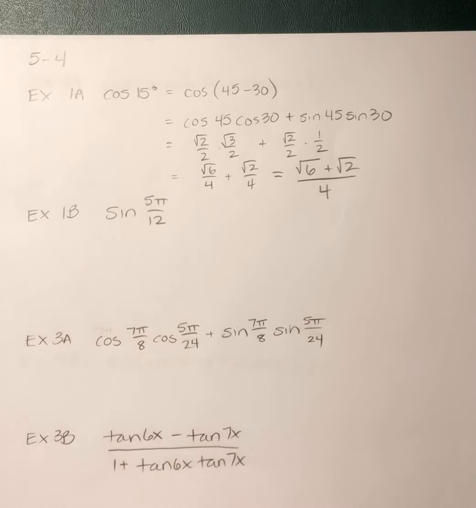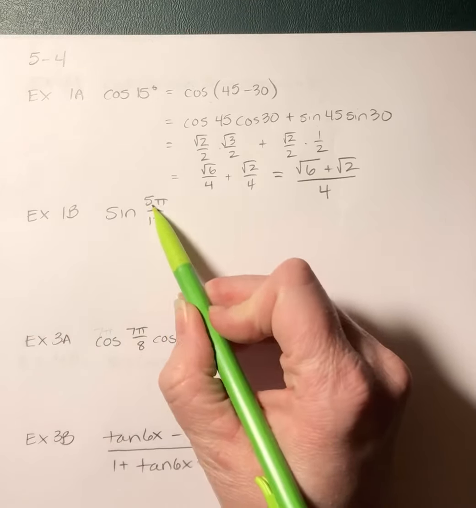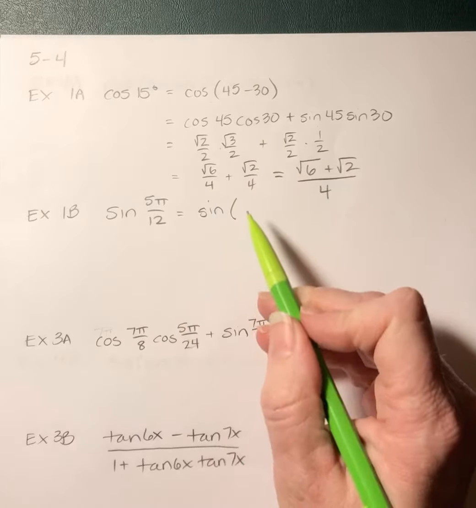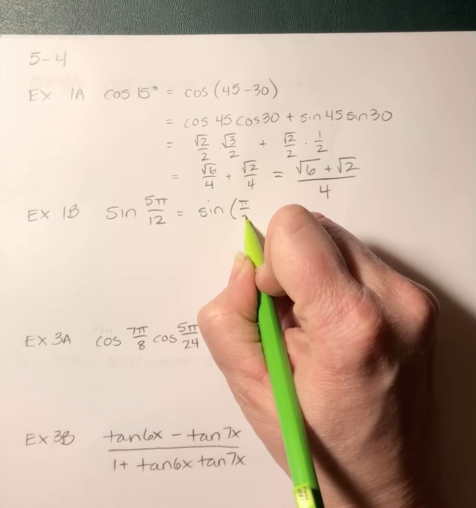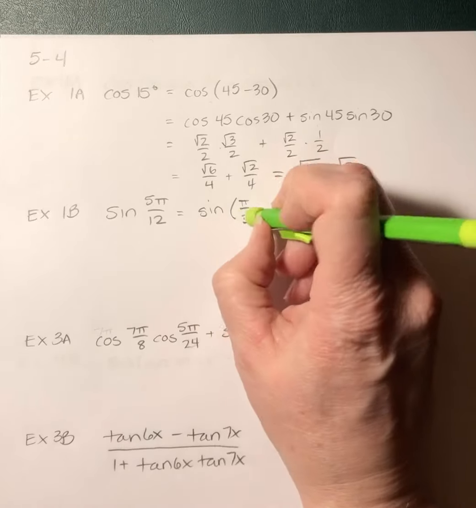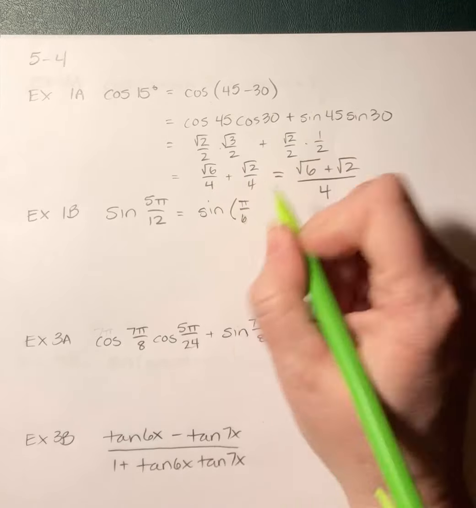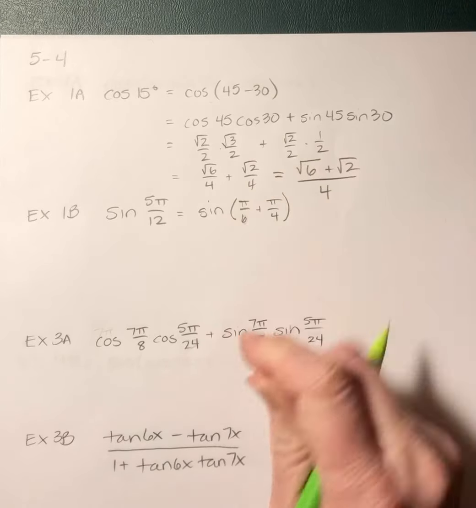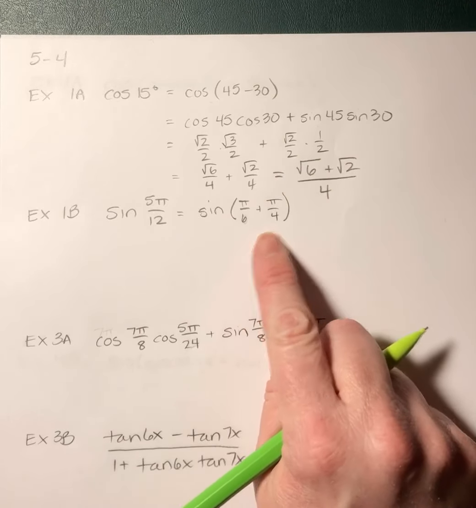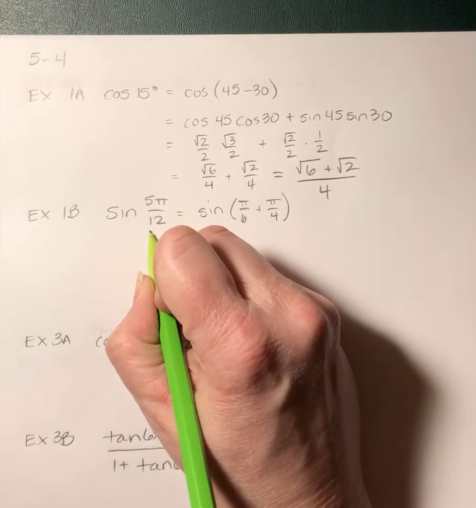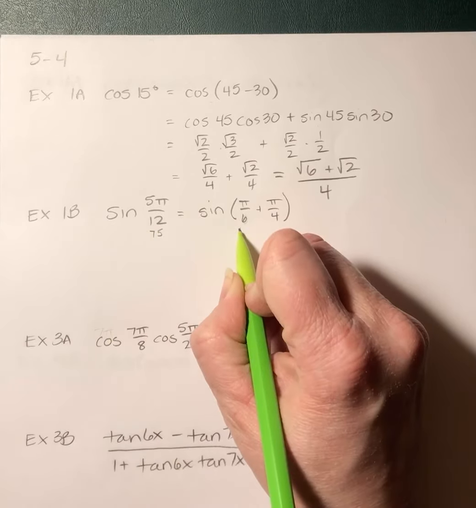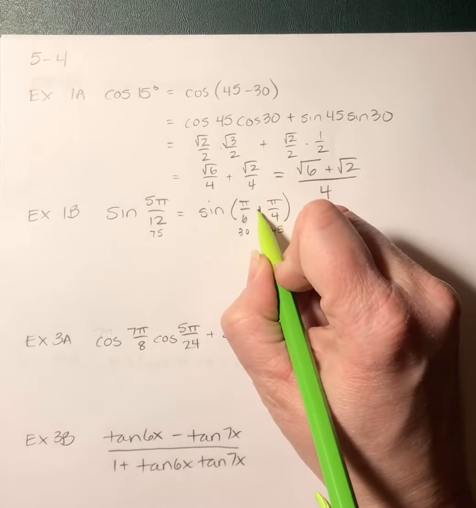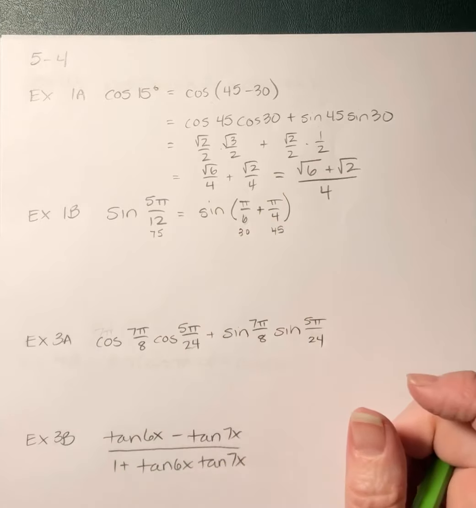So 5 pi 12ths, I'm going to write that as the sine of pi 6th, 30, I was thinking 30 and I wrote 3, pi 6th and pi 4ths. This is 75, this is 30, and this is 45. Because this is an addition problem, it doesn't matter the order that you do them in.